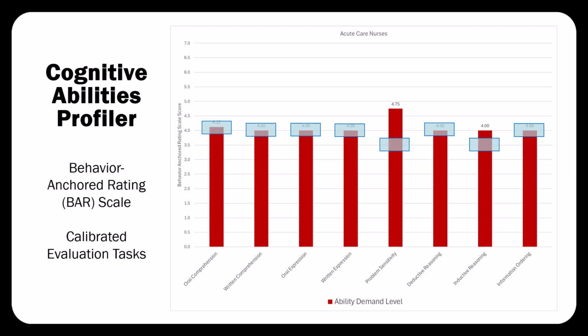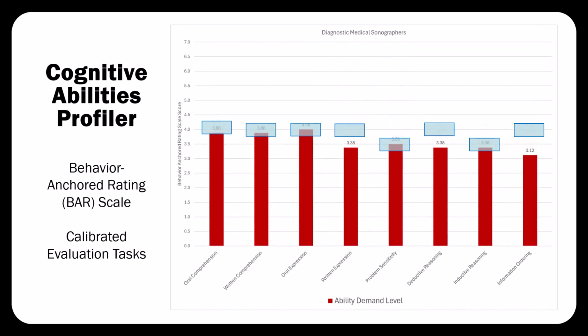Another help that the CAP provides is to allow us to compare Joanna's abilities as we measured in the clinic with other occupations. And in this case, the example I'm providing is diagnostic medical sonographer. And what you see here is that her abilities as measured in the clinic are at least adequate and sometimes above adequate for all of the 8 most demanding abilities that we're considering.